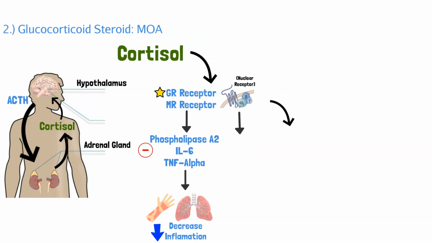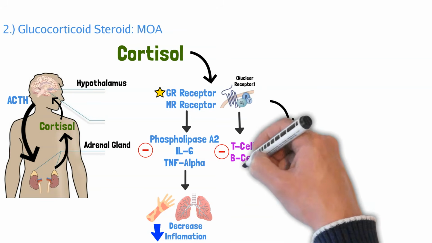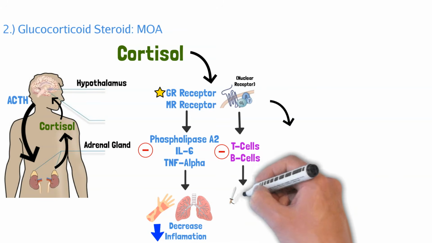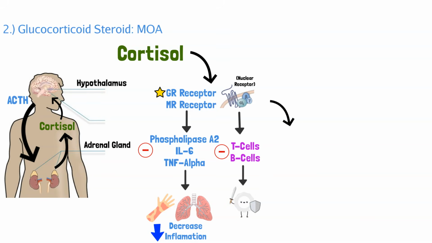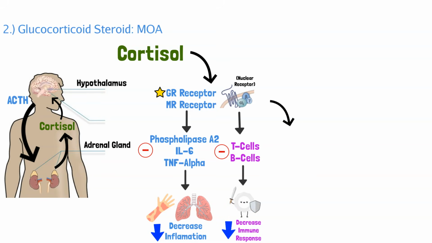The second pathway that we see cortisol or these steroids work is through our immune system. We see these corticosteroids inhibit our immune cells like T cells and B cells. And what that does is it decreases your immune response. And look, that sounds really bad. Sometimes it is, but sometimes that's what we want.